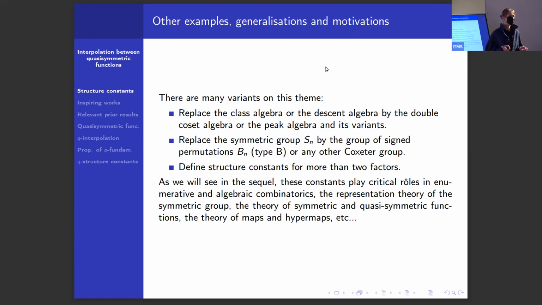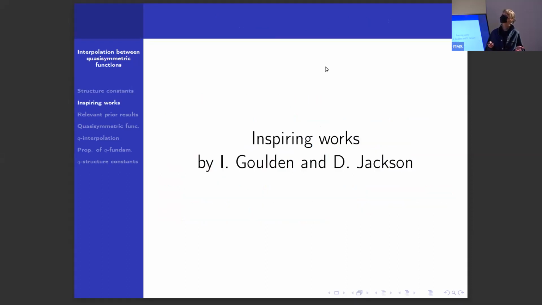All these various structure constants play important roles in different fields of algebraic and enumerative combinatorics, representation theory, maps, symmetric and quasisymmetric functions. Certainly, Ian Goulden and David Jackson made a significant contribution on the matter. However, in this talk, I will focus my attention only on two papers that were particularly inspiring for my personal works.